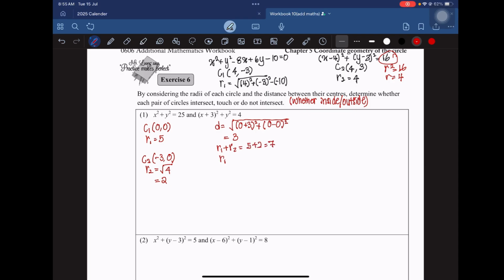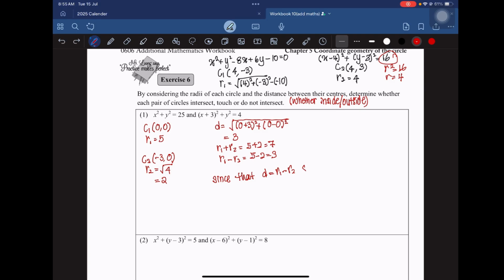Then your R1 minus R2 equals 5 minus 2, which equals 3. And you can see that D is equal to R1 minus R2, which is 3 equals 3.